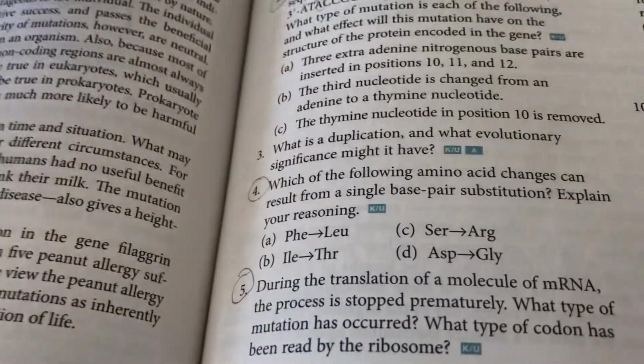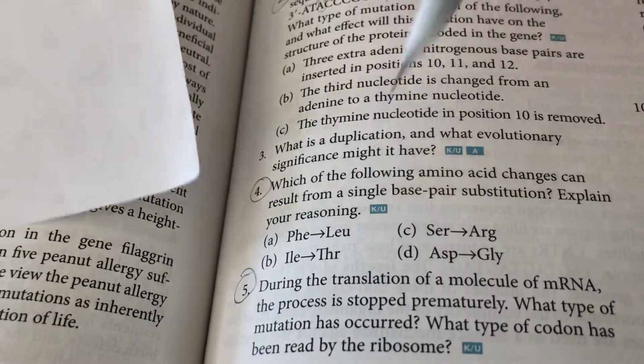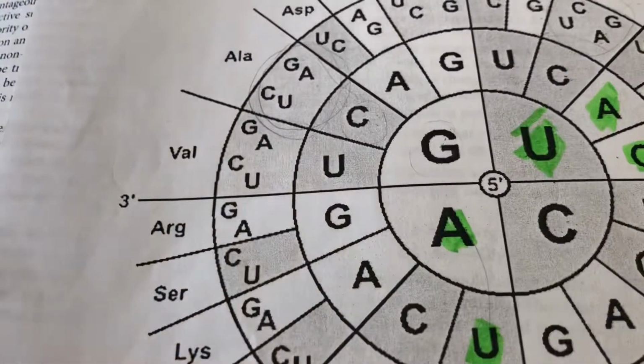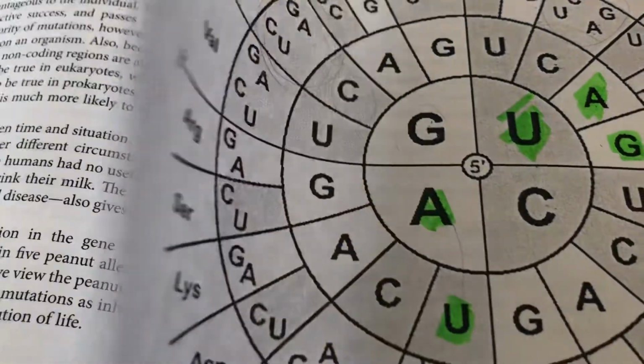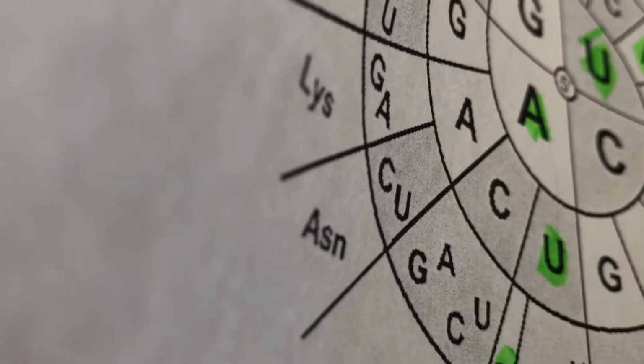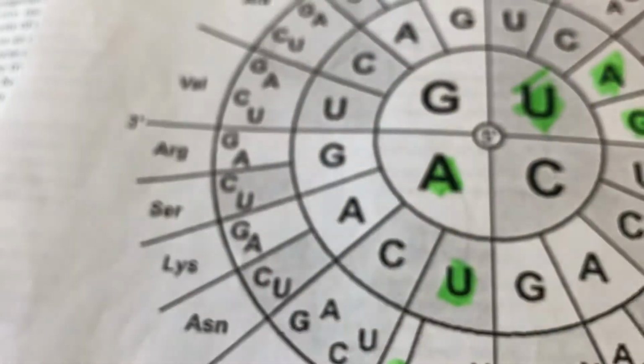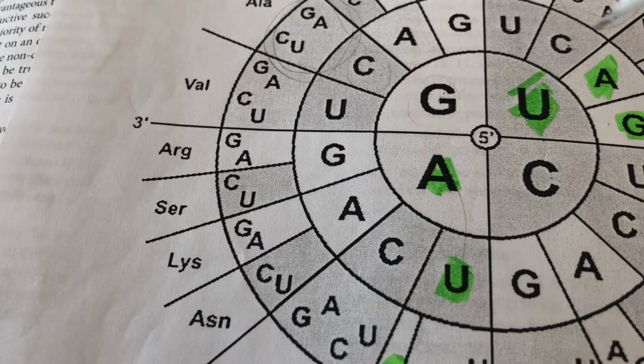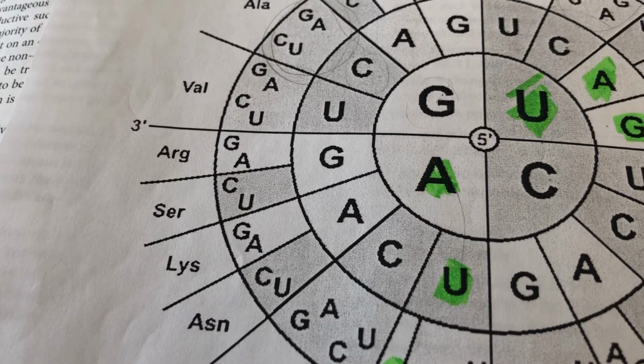So if we're going to go from, sorry guys, just hit the phone there. If we're going to go from Phe to Leu, all right, the question's asking, can it result from a single base pair substitution? So yes, it can, because Phe and Leu are right beside each other.